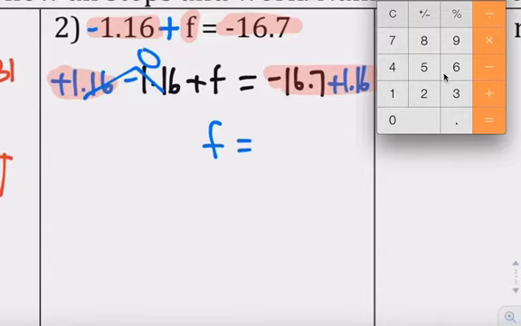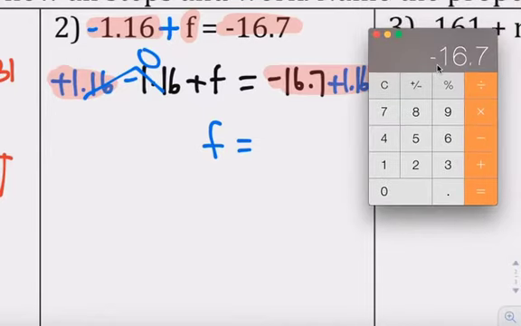That's a negative number. Make sure you put negative 16.7 plus 1.16. Okay, you end up subtracting, you see? So you get negative 15.54. And that's your answer.